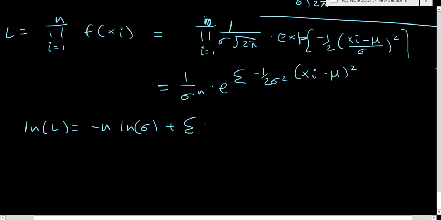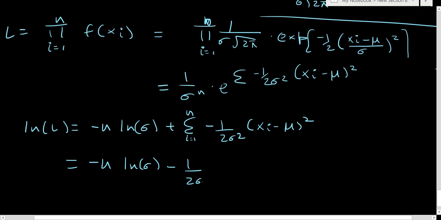So this would be summation i going from 1 to n minus 1 upon 2 sigma squared, and I've got a xi minus mu whole square. Okay, so this is what I have, guys, and since this is a constant, I'm going to now take it out. So this is minus n into log of sigma minus 1 upon 2 sigma squared, summation i going from 1 to n xi minus mu whole squared.